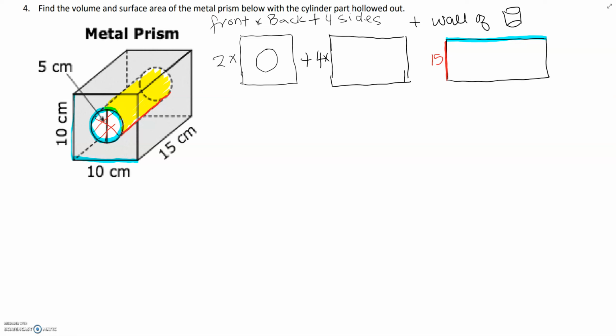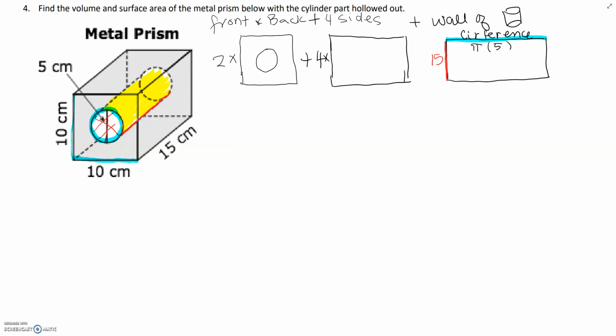So that would be the circumference of the circle. The circumference is pi times the diameter, which in this case is 5. Now we can do the math and find the surface area.